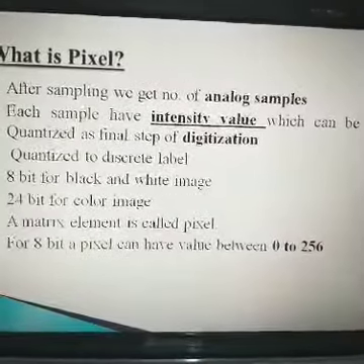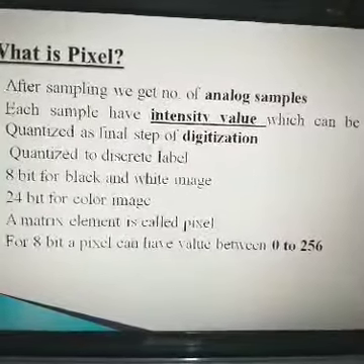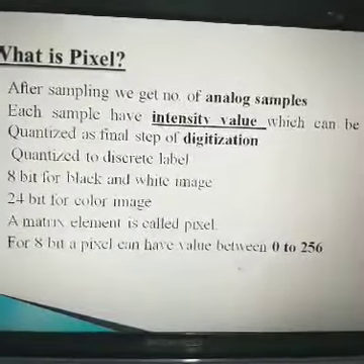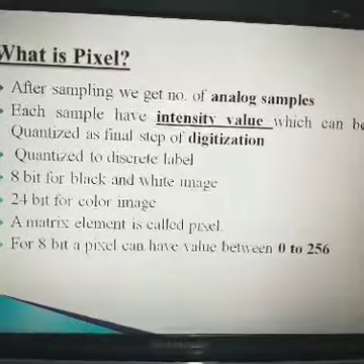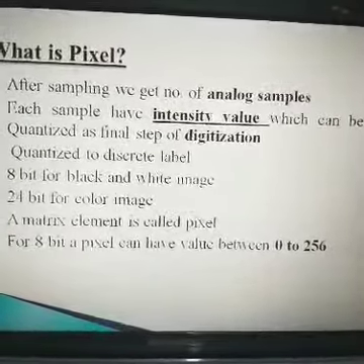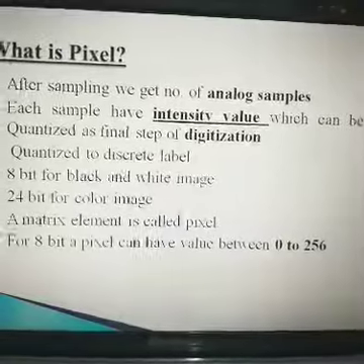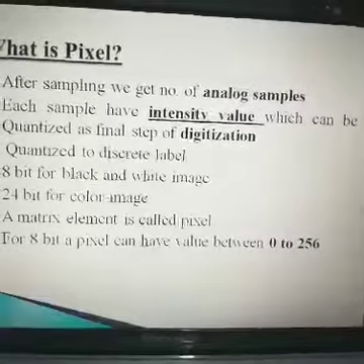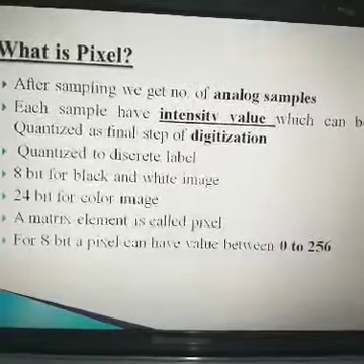A matrix element is also called a pixel. For example, for an 8-bit pixel, we have the value range from 0 to 255, a total of 255 or 256 values. We have already discussed this.